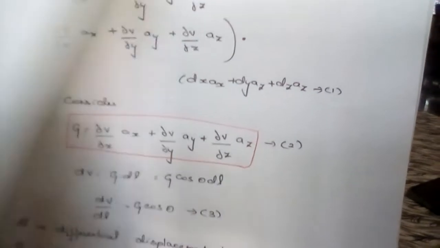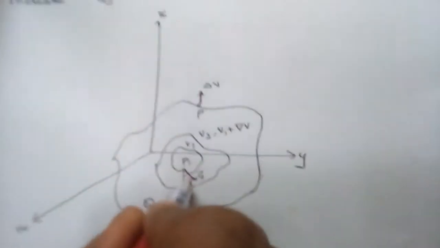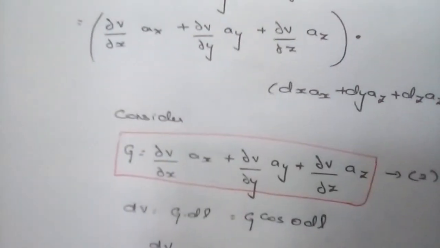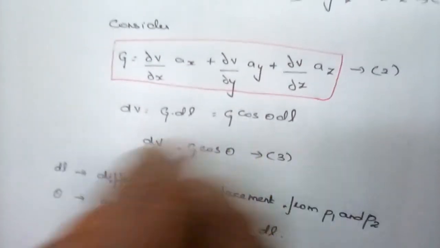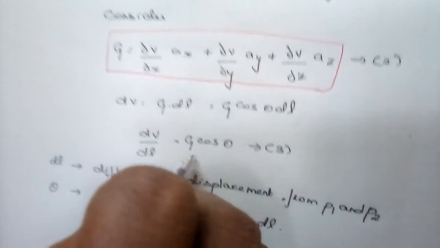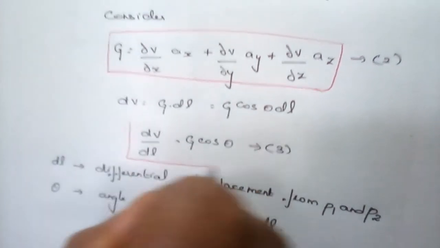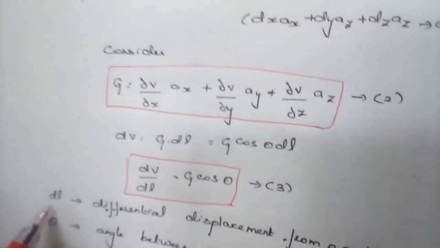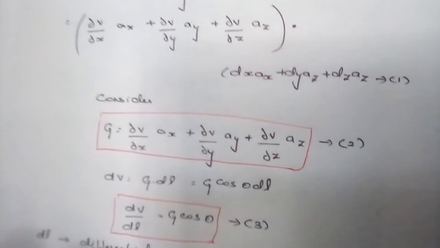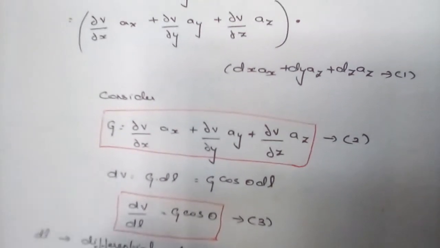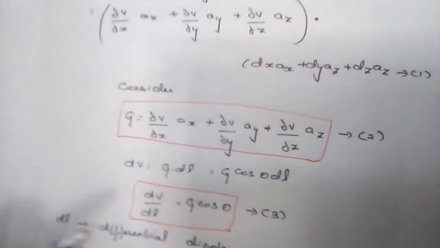This dl makes an angle theta with G, so we write dV equal to G cos theta into dl, that is, dV by dl is equal to G cos theta. As said already, dl is the differential displacement from P1 to P2, and theta is the angle between G and dl.